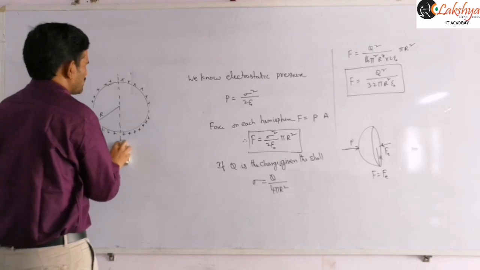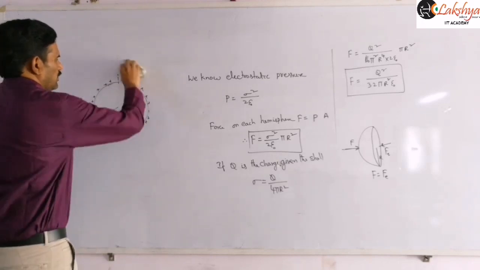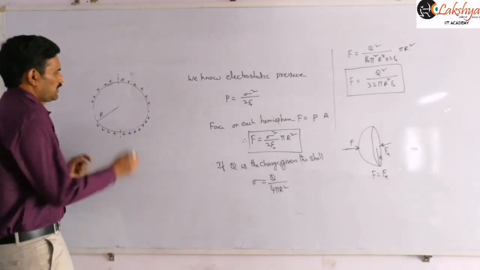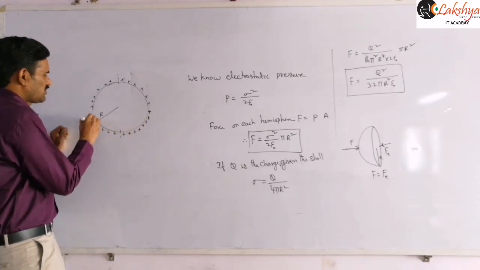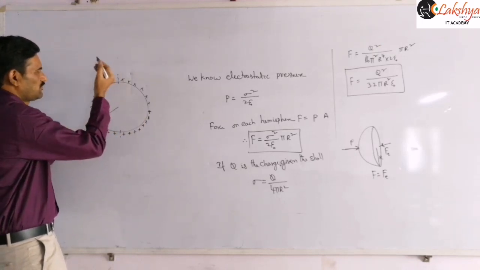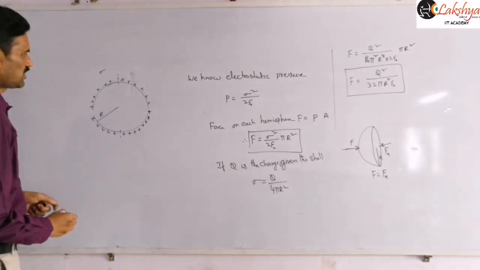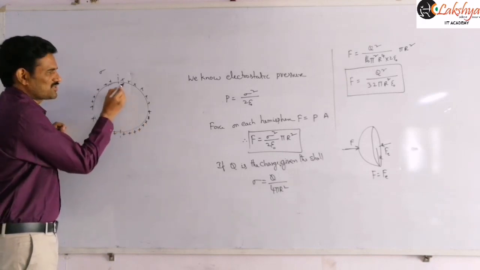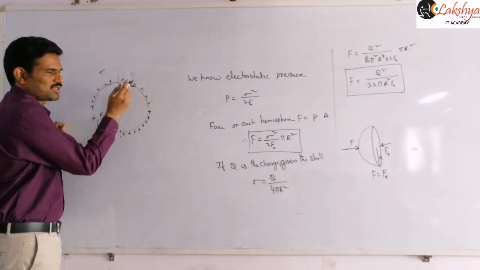Sometimes they may ask a question like this. Suppose it's a spherical object having some surface charge density sigma, and due to some physical process, a small part of the surface is removed suddenly.